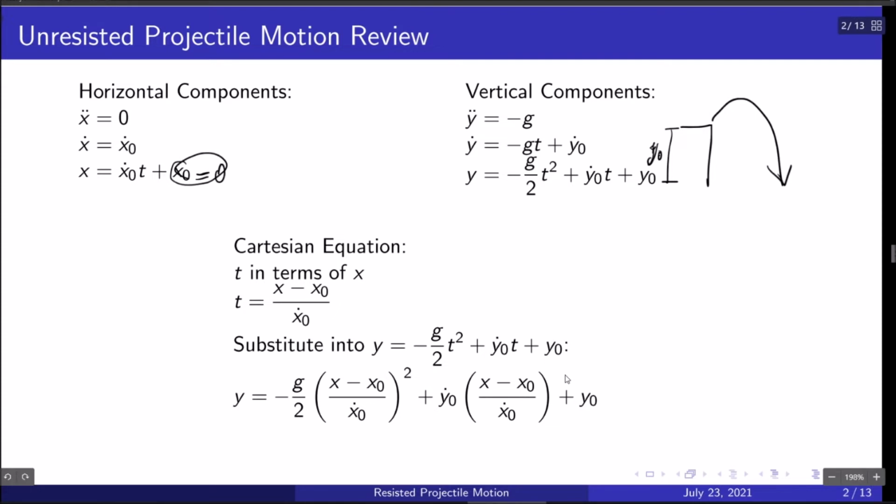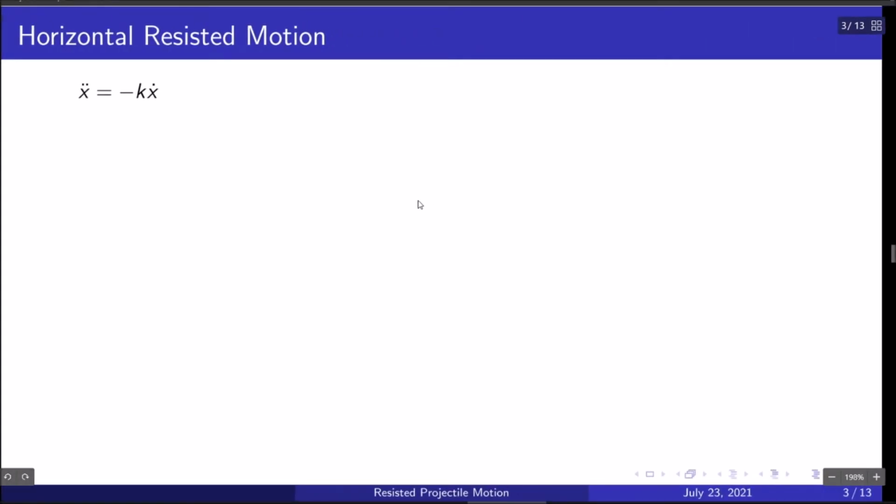Now let's have a look at resisted projectile motion. Let's first look at the horizontal component. It is exactly the same as the horizontal resisted motion we did previously, so really nothing challenging here. As you can see here, acceleration is negatively proportional to the velocity. So we know the velocity will have to be an exponential function.